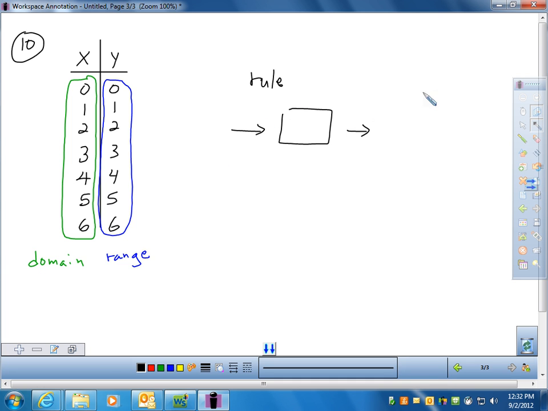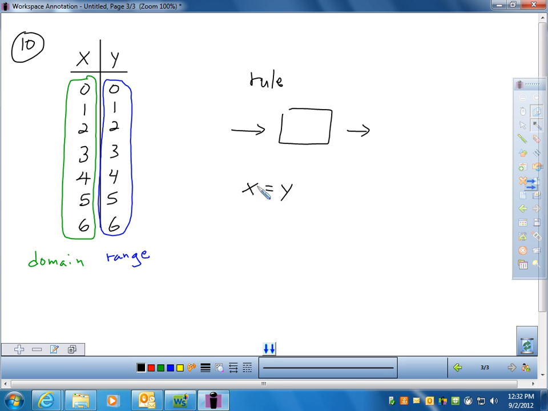So, let's use better math teacher language here. Whatever I inputted into the box, that's what the box outputted. Or whatever I inputted into the function, I should say, is what the function outputted. So the rule here would be x equals y.